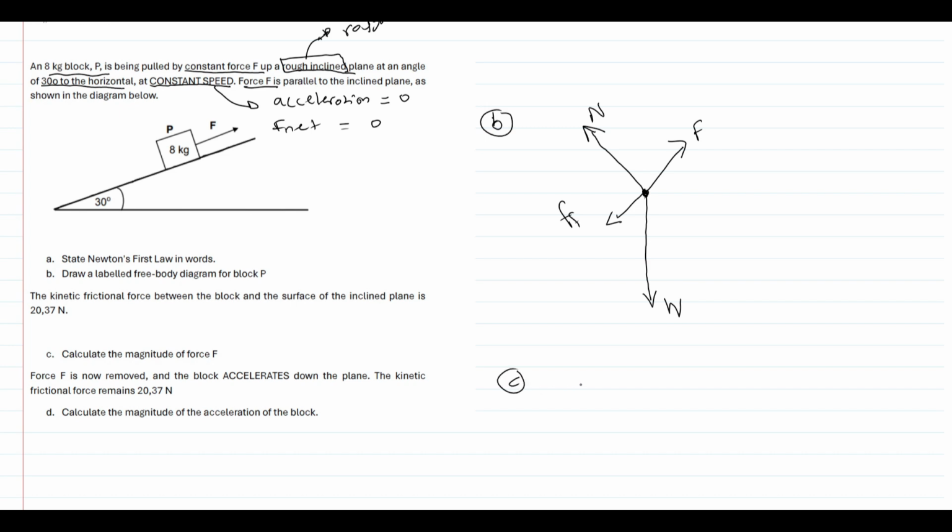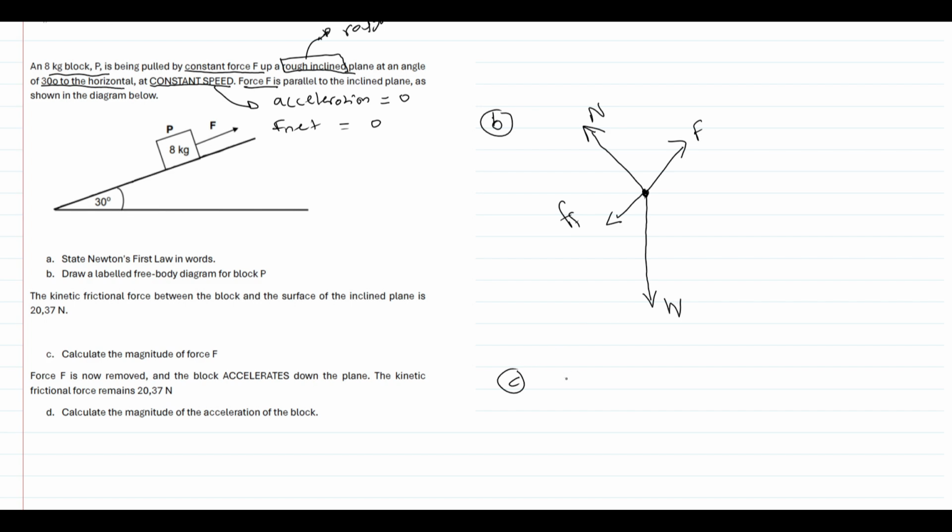C says calculate the magnitude of force F. So before we dive into the calculations of F, there's one thing that you need to understand: the weight is at an angle with regards to the surface.